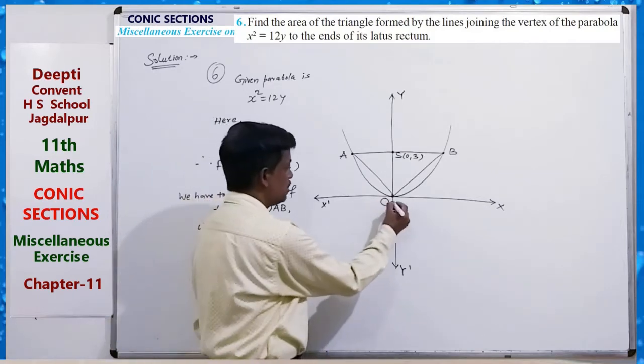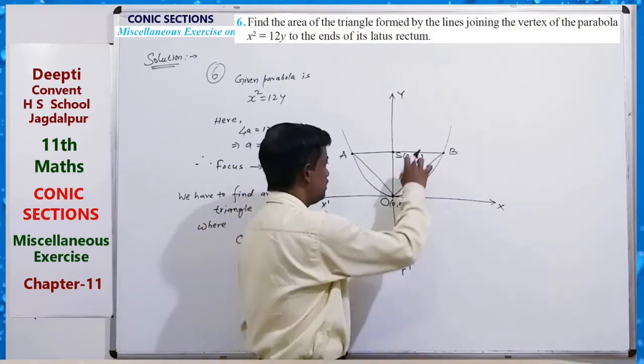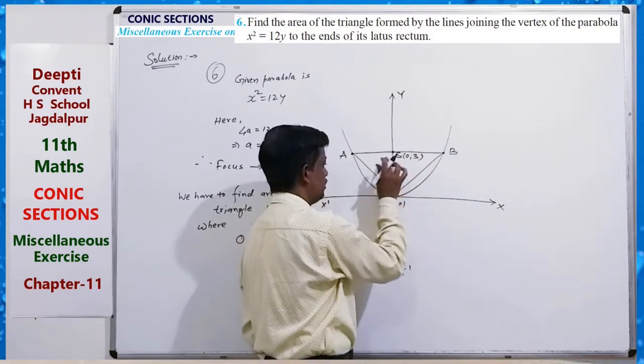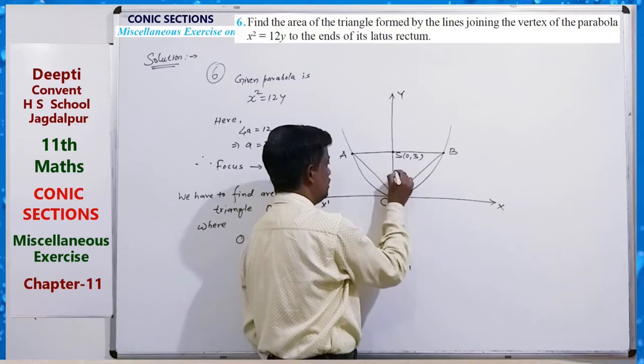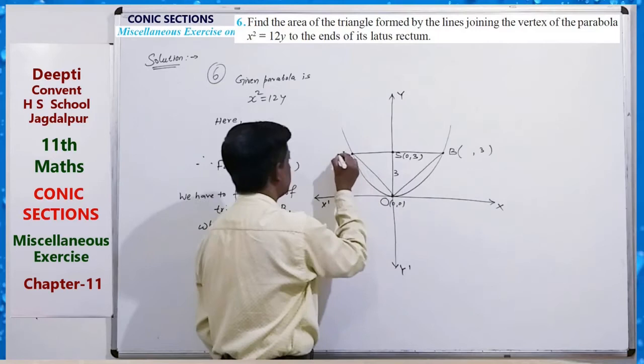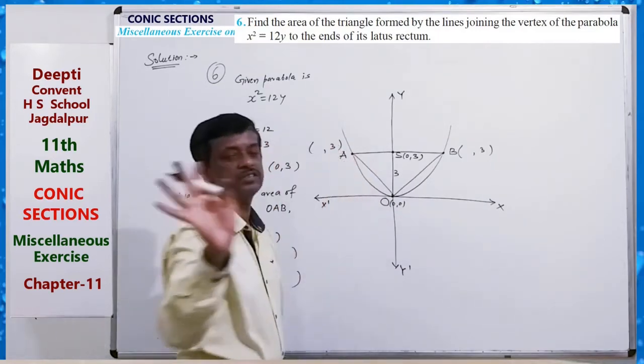So this is the origin 0, 0. This is B. Here this value is 3. Here also 3. The value of y is 3.